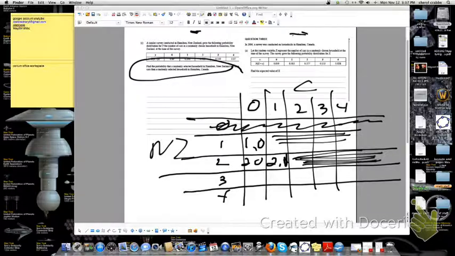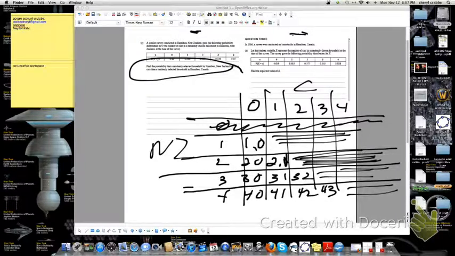Where you have 3, you can have 3-0, 3-1, 3-2, all showing that New Zealand has more cars. And with 4, obviously you can have 4-0, 4 versus 1, 4 versus 2, 4 versus 3. And then that's it. So that is showing you all the different combinations where New Zealand has more cars than Canada. All right?